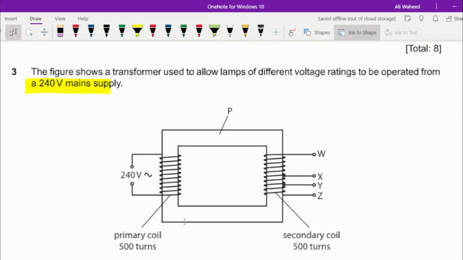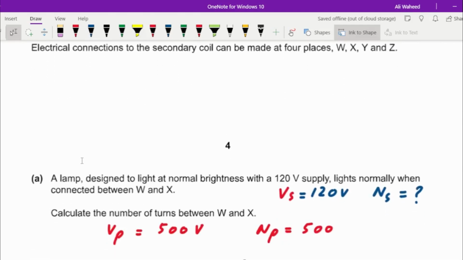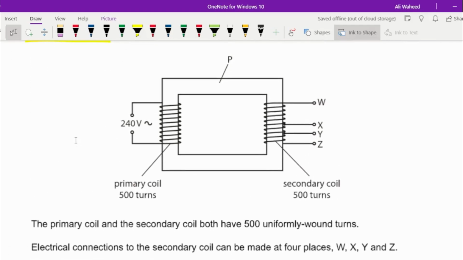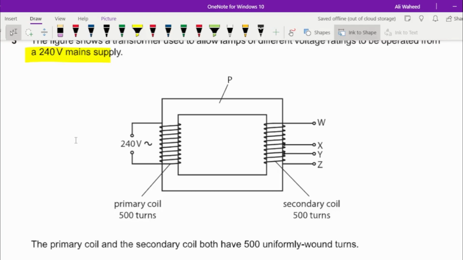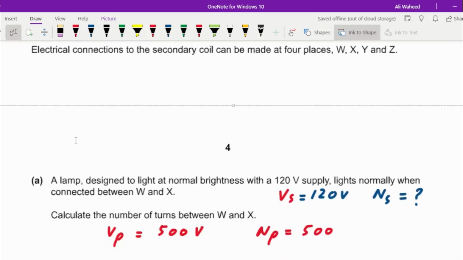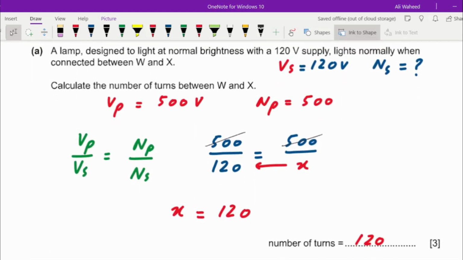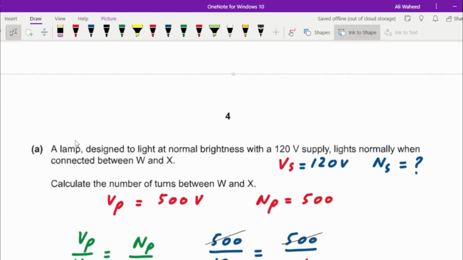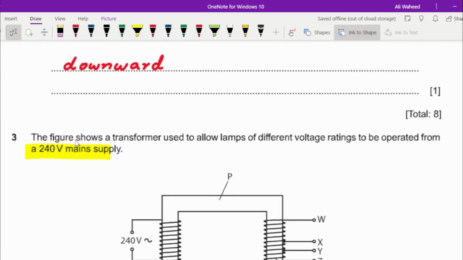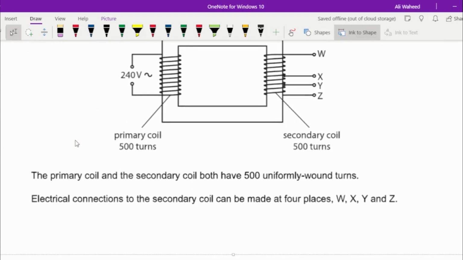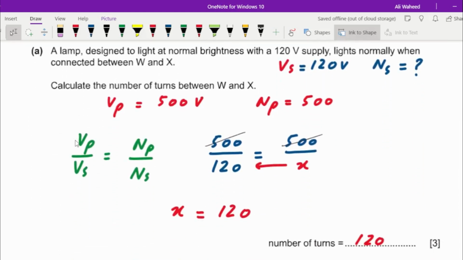Oh, sorry, my bad. The primary voltage was 240. Yeah, I've highlighted over there. Actually, the number of turns were 500, but the primary voltage was 240. So the primary voltage is 240.